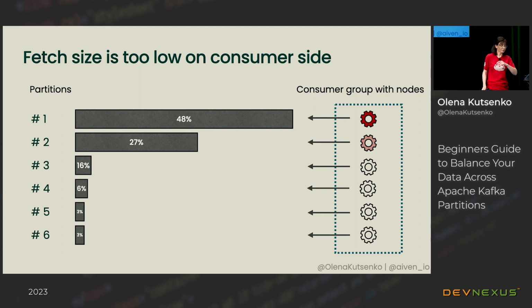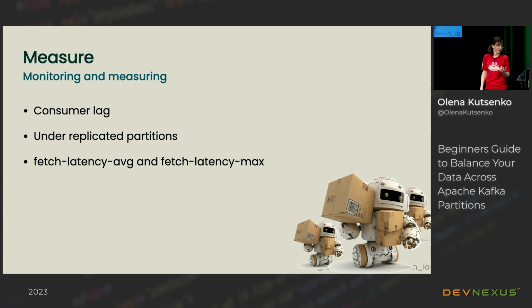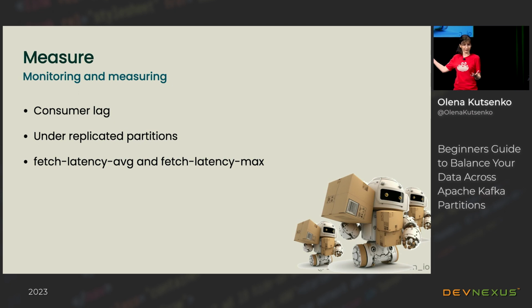So what will help you to stay proactive and to find issues sooner is monitoring and measurement. And a couple of ideas. There are plenty of things you might want to measure, but a couple of ideas: of course, consumer lag. This is a very important property to observe.